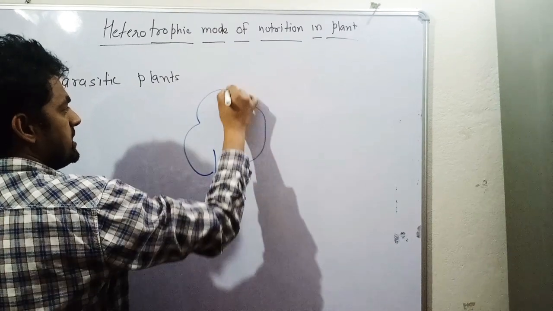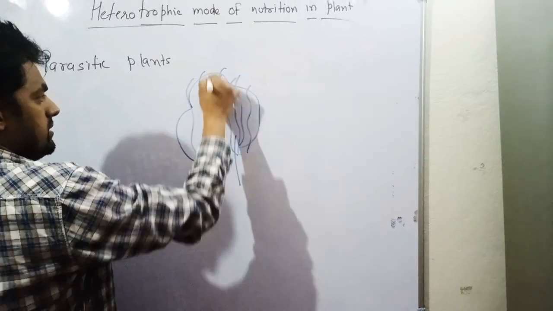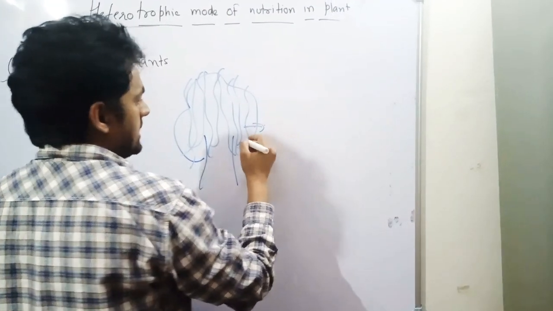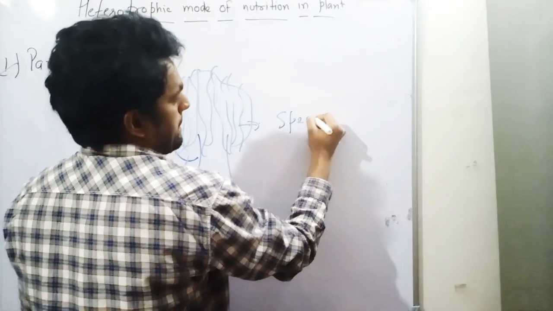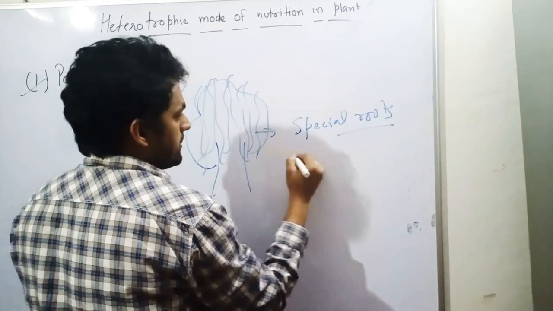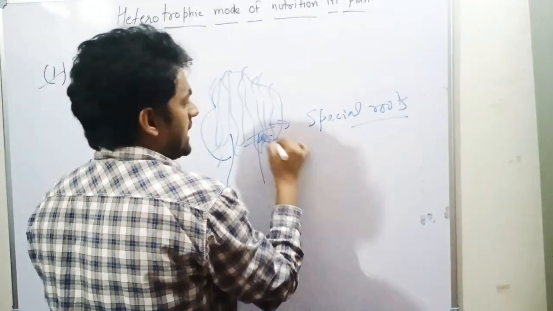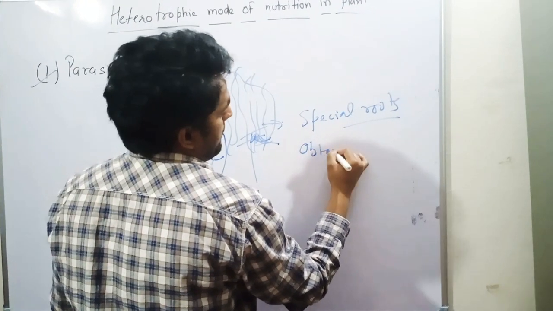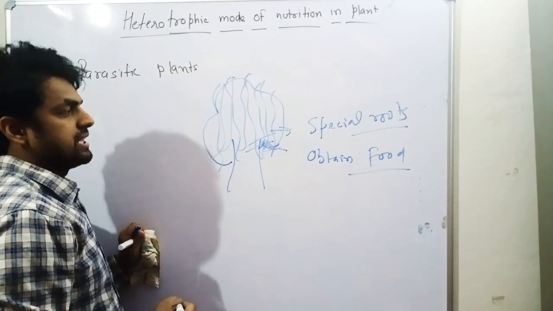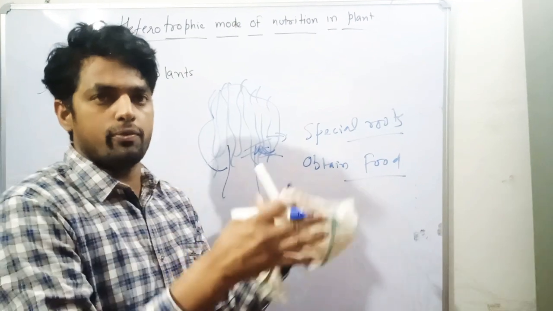It has special roots that attach to the branches and stem of that plant, and from that they obtain food. That kind of plant is known as a parasitic plant. And cuscuta wholly gets food from that only.